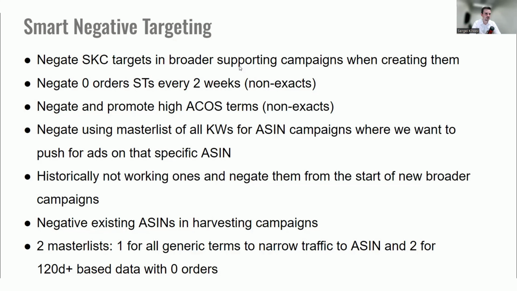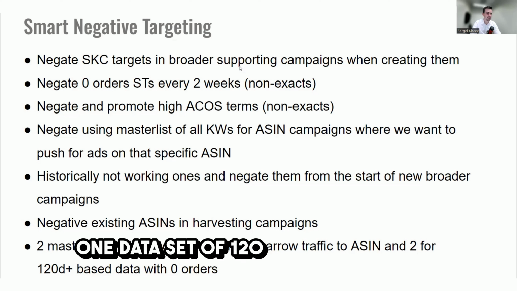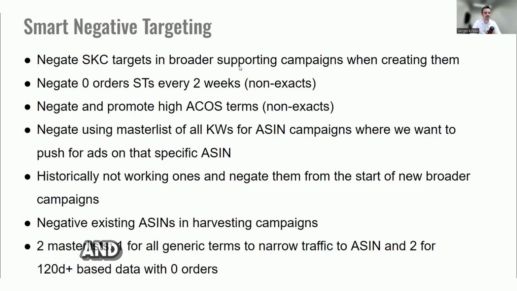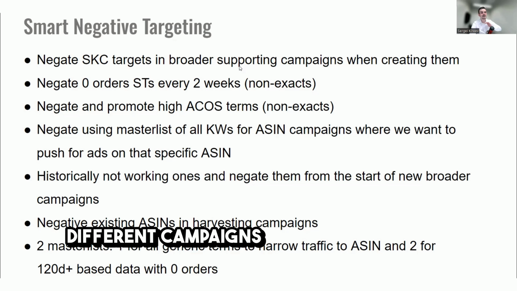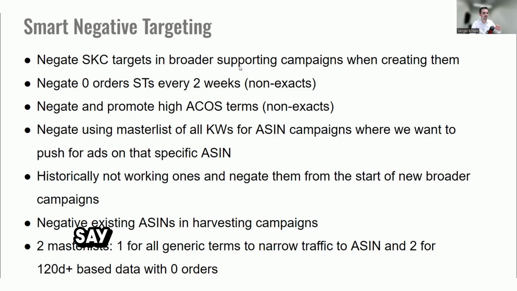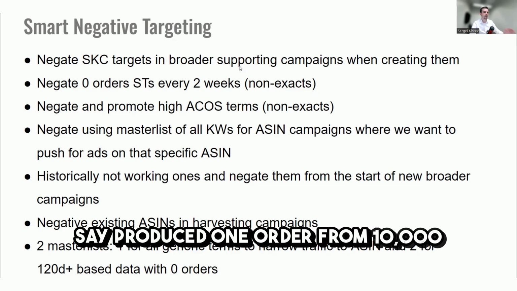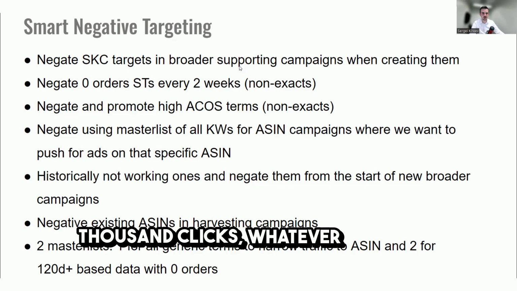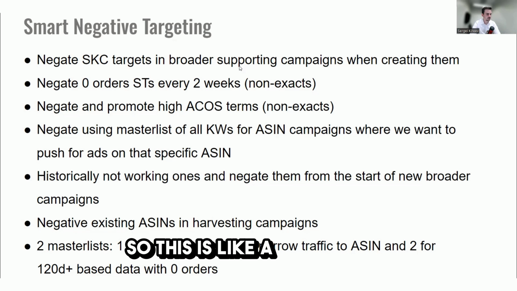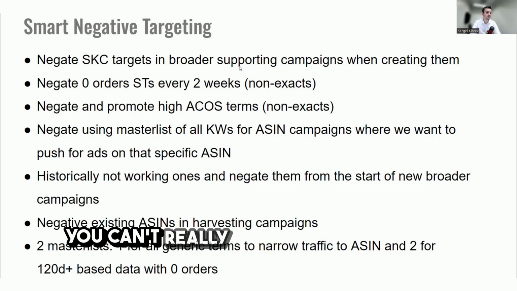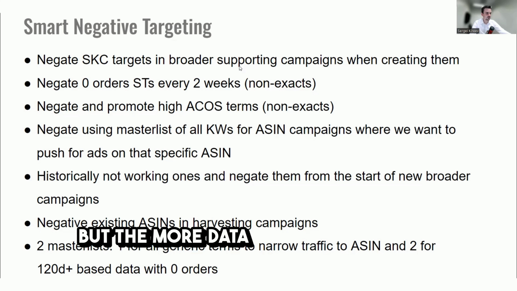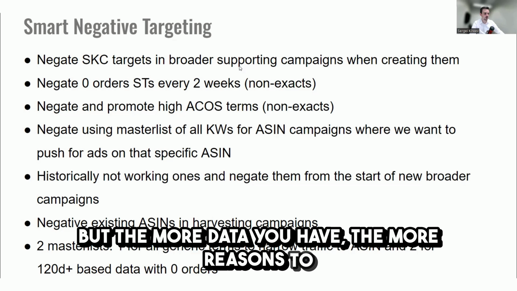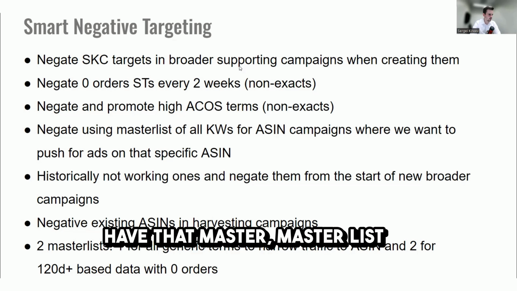We try to gather at least one data set of 120 days plus of data, and there we start to look at which search terms on a historical basis across many different campaigns never produced an order, or let's say produced one order from 10,000 clicks or 1,000 clicks, whatever you have, right? So this is like a second list. You can't really have this list from the start. You will need some data, but the more data you have, the more reasons to have that master list of keywords as well.